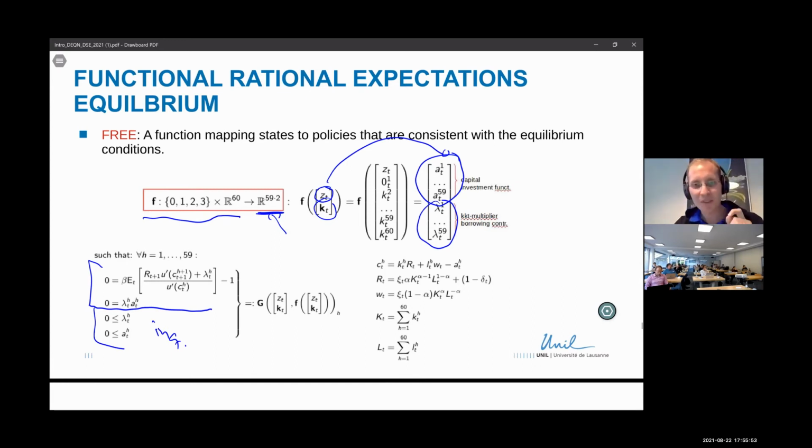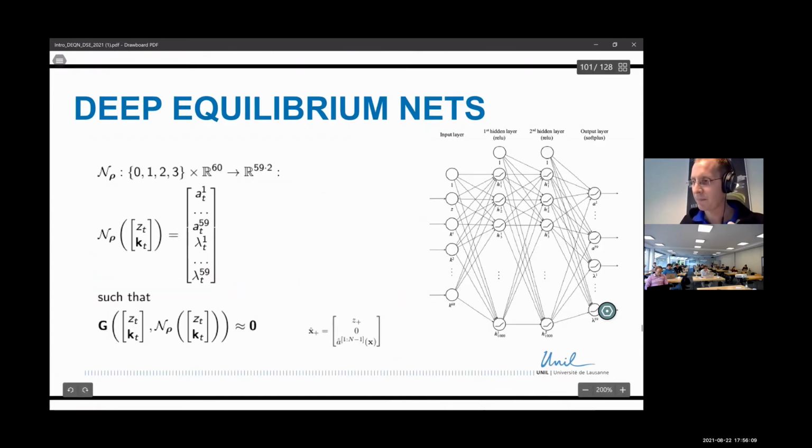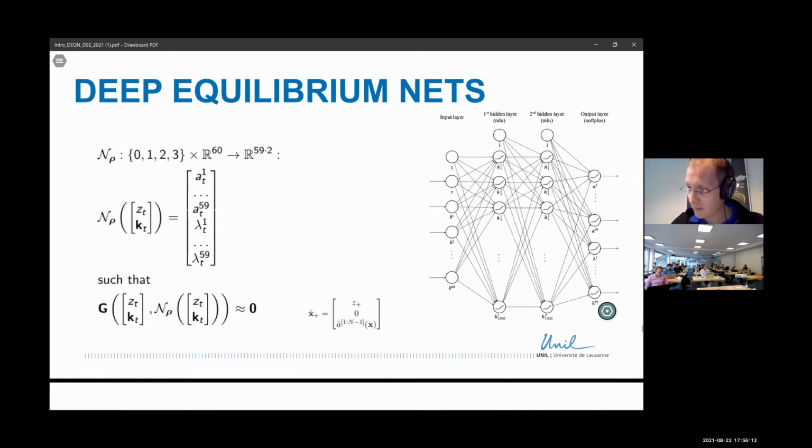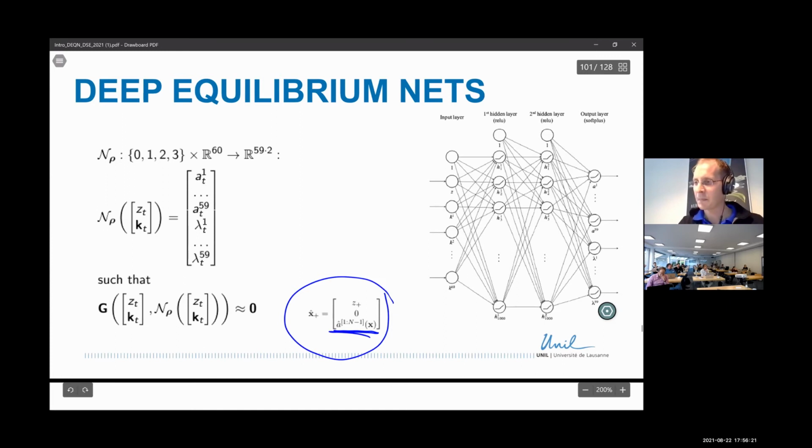And now the cool thing starts with the neural net. The equality constraint is what we stick into our cost function that we want to minimize. The law of motion, getting from a state today to tomorrow, is prescribed by this one. And then the inequality constraints, we don't have to worry about at all.